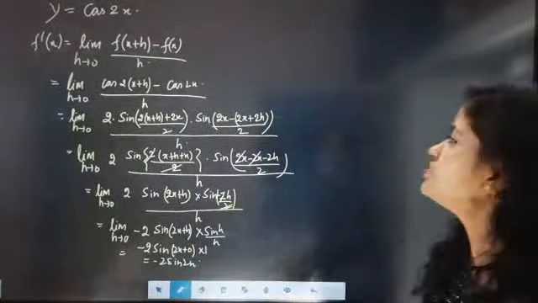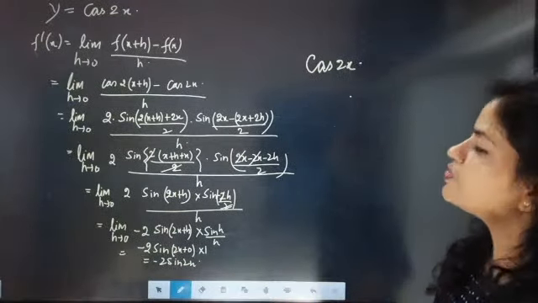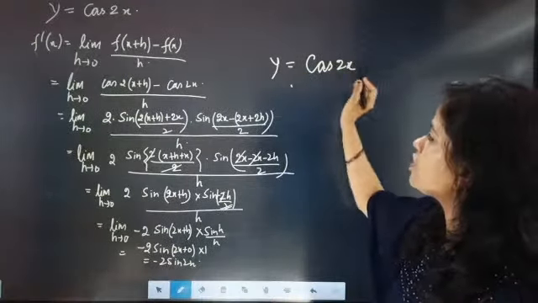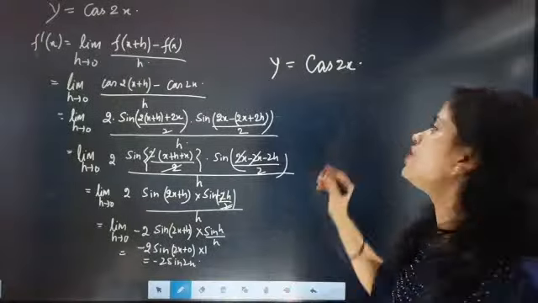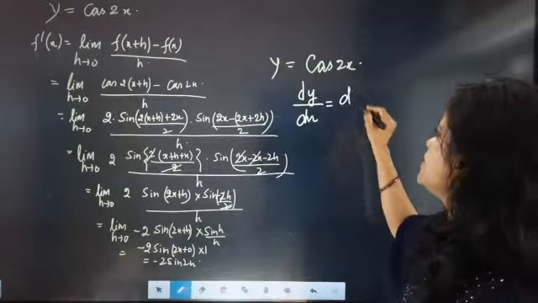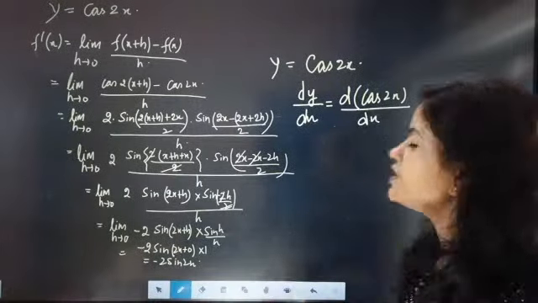What exactly a chain rule is, like cos 2x is there now. Directly how to get the answer of it. So when cos 2x is there, y will be equal to cos 2x. So first, for differentiation, dy by dx, you write d of cos 2x by dx, differentiating both sides.